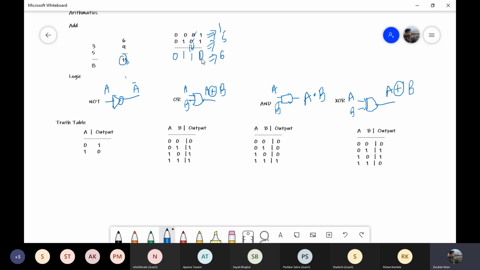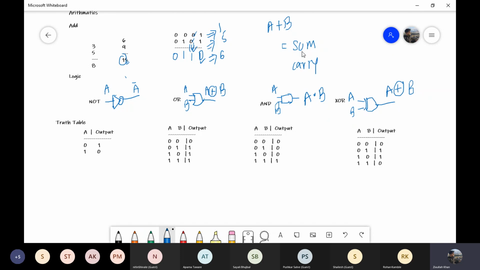Notice that we don't get one line of output, we get two lines of output. So let's start naming them. This is definitely the carry bit, and we're going to call it the sum bit. So when you add two numbers, say number A and number B, you're going to get two outputs. One is the sum bit and one is the carry bit.